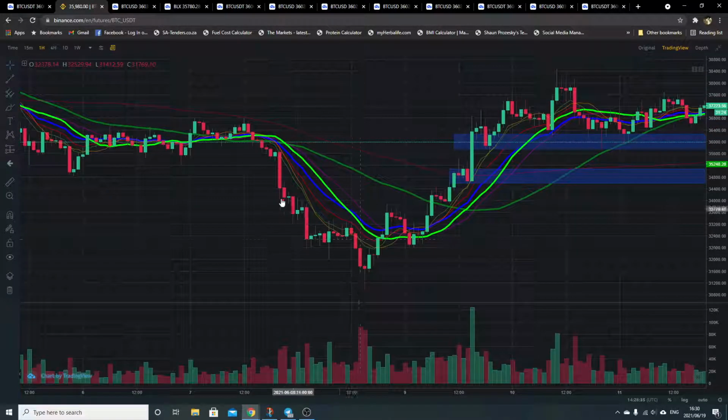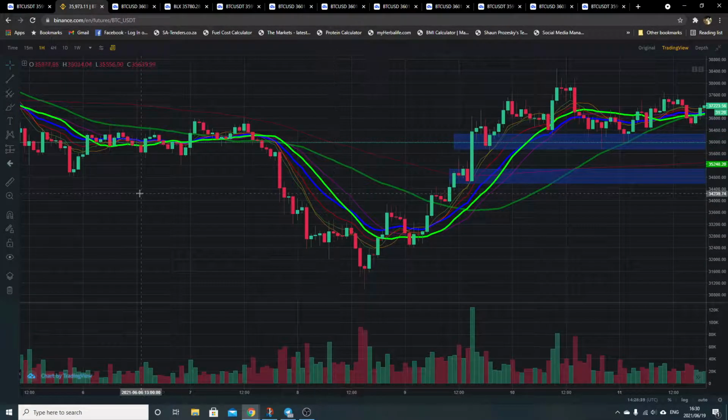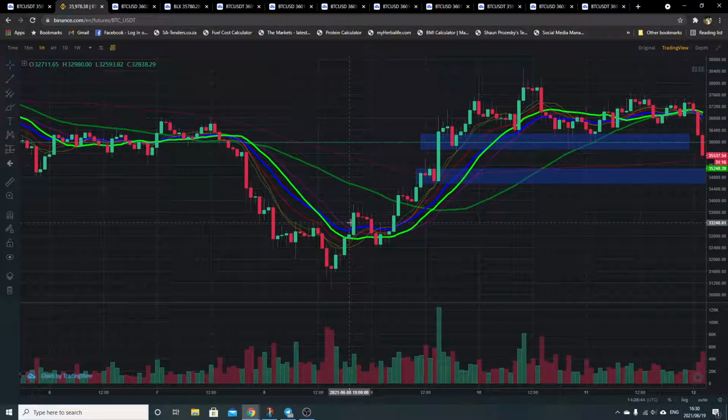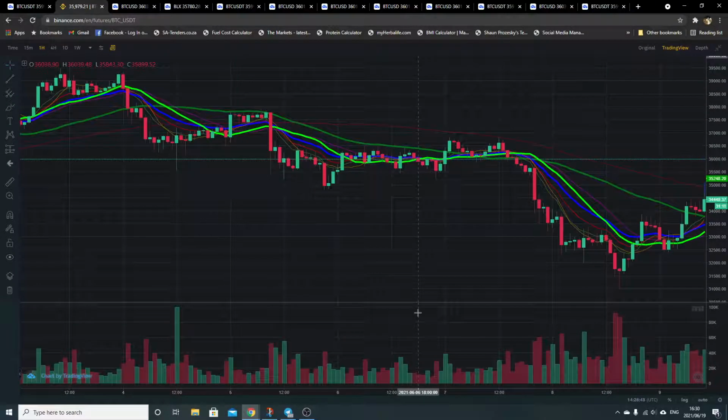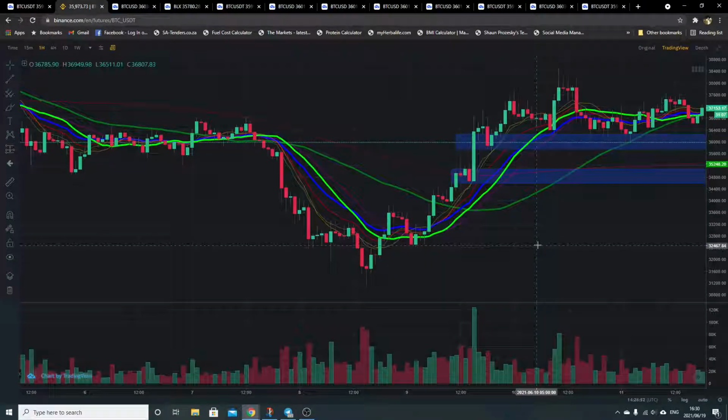Okay. Then all of a sudden, we got the consolidation. We've reached the bottom of this short-term downward trend, and we eventually broke.